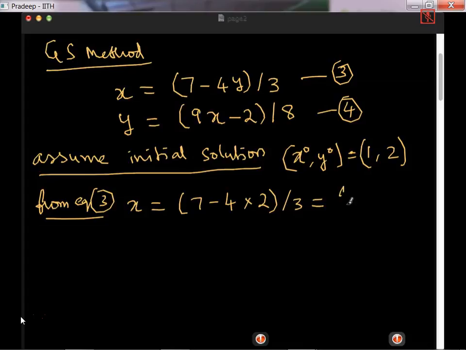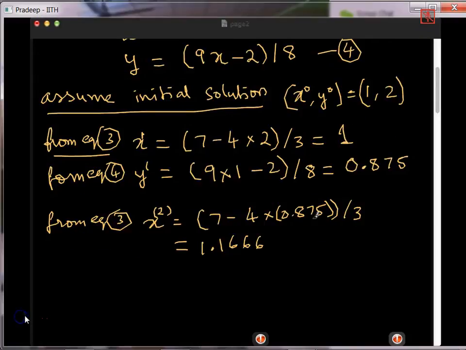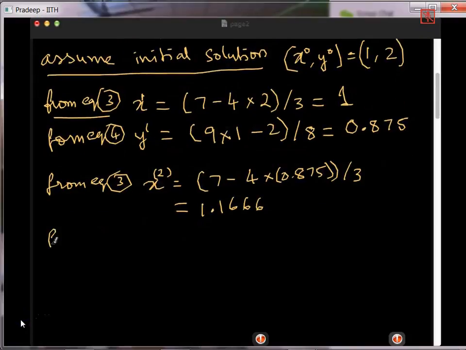So I am getting x equal to 1. x was anyway 1, so it is just by coincidence. Now this is x0, so this is x1. What is y1? Look at equation 4: 9 into 1 minus 2 divided by 8.